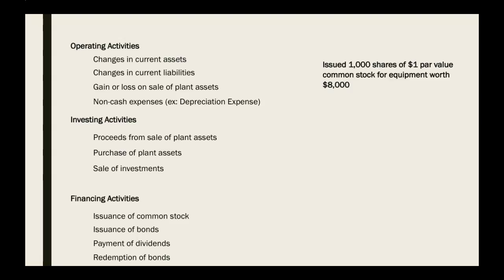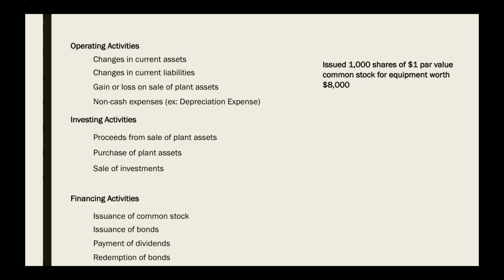Now you issued 1,000 shares of $1 par value common stock for equipment worth $8,000. So, we are getting equipment by issuing some common stock. So, we can be thinking, okay, financing activities, investing activities, right? Plant assets fall under investing, common stock falls under financing.